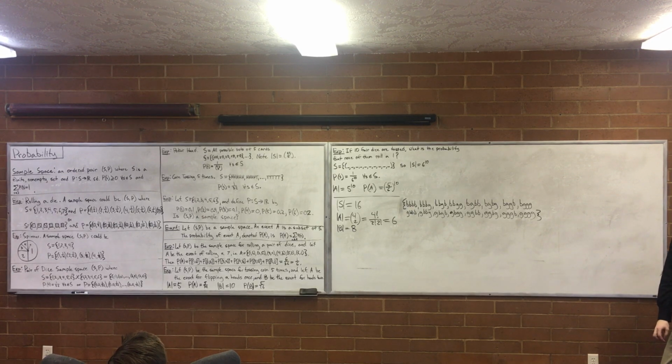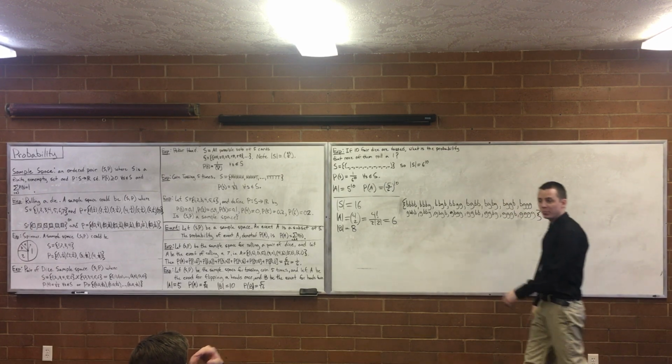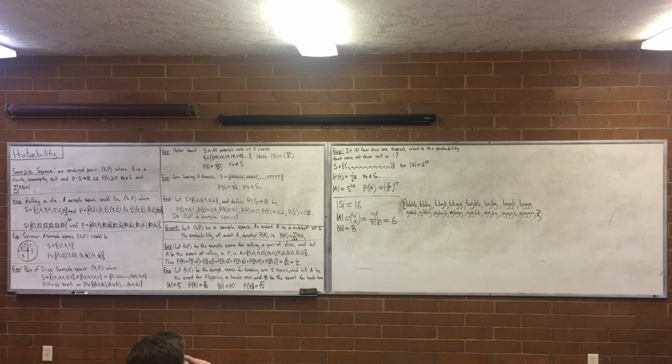There we go. Believe me now? I did not believe you before. So yes, you have better odds of having 3 and 1 than 2 and 2. Very unintuitive.